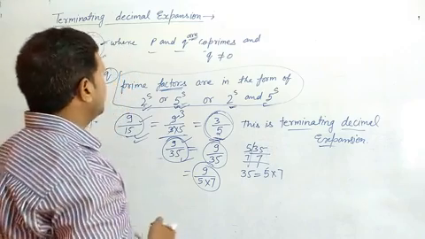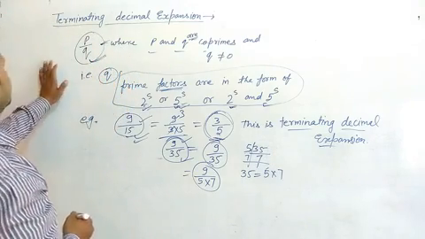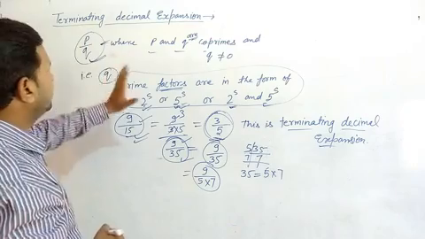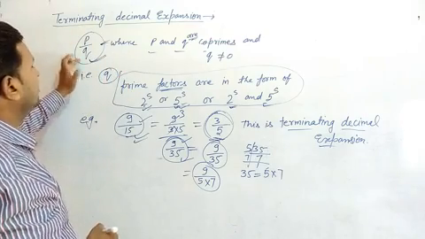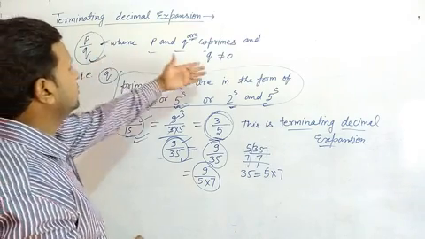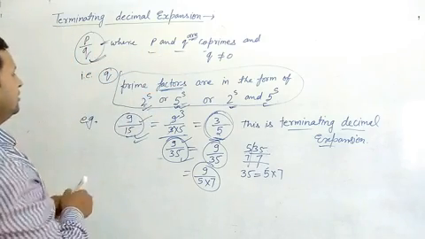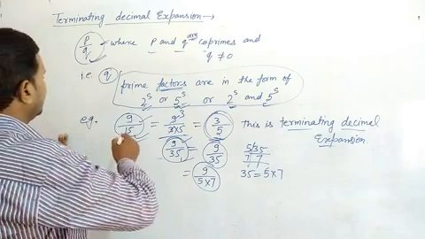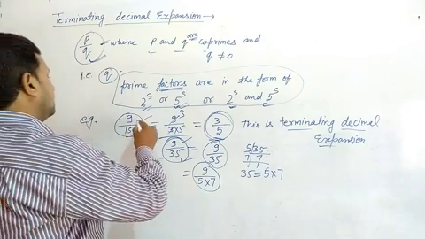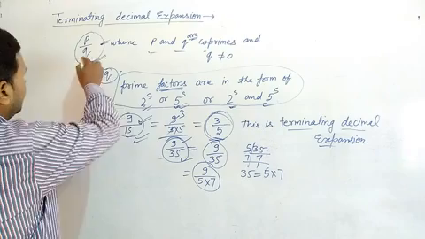Okay, so in this way we can say that if our number is given in the form of P upon Q, where Q does not equal to 0 and P and Q are co-primes, then first of all we have to convert into simplest form of given number.